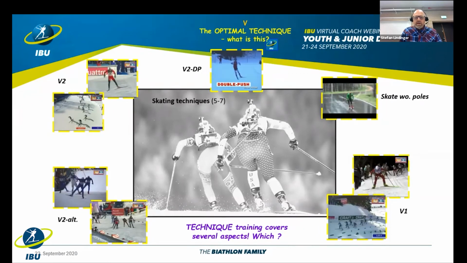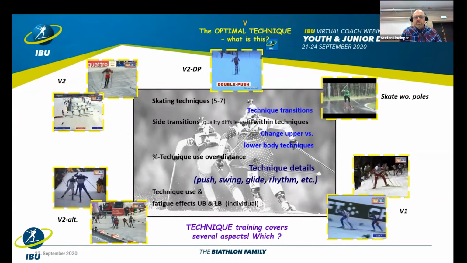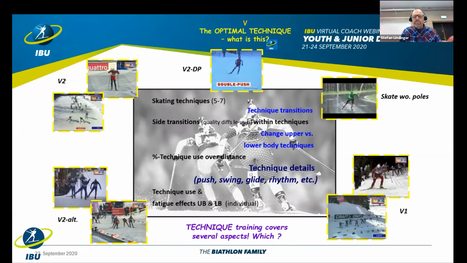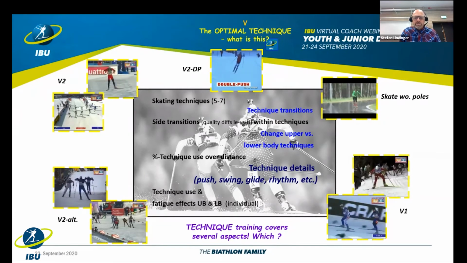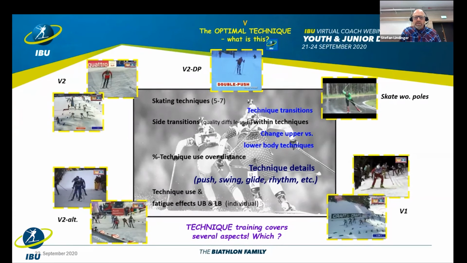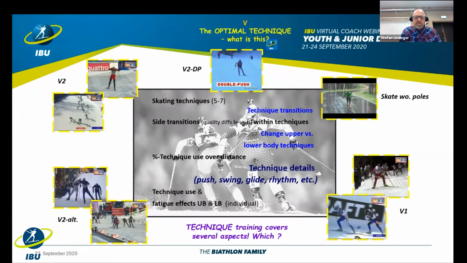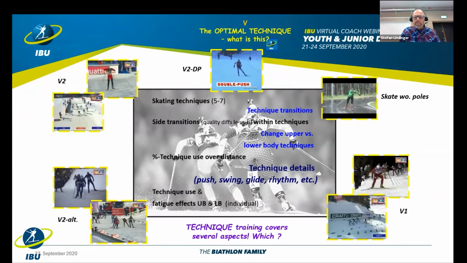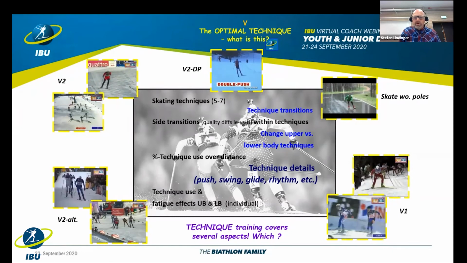And technique training covers several aspects, which is not only to train the techniques, it's technique transitions. We have side transitions, where quality often differs between left and right side within techniques. We have changes of more upper body versus lower body focus techniques.